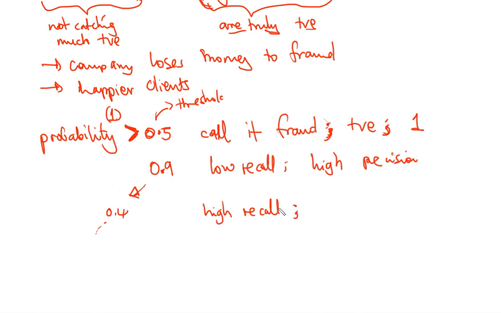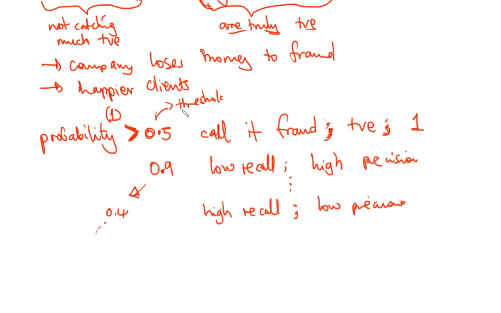But then we'll start blaming other legitimate transactions, because our threshold is now so easy to hit. We'll now predict many transactions to be fraudulent when they're truly not fraudulent. So our precision will start decreasing.